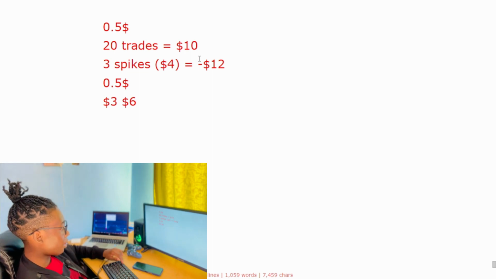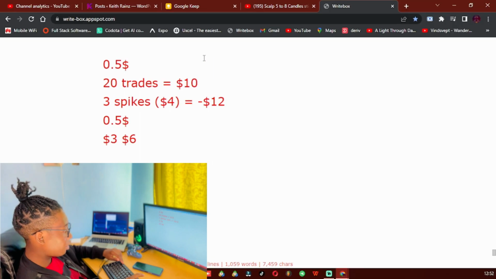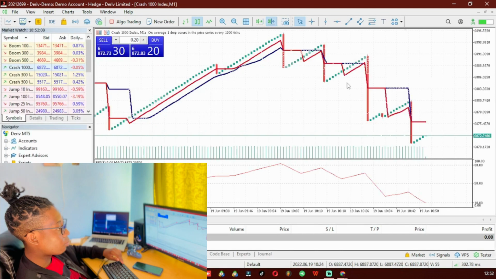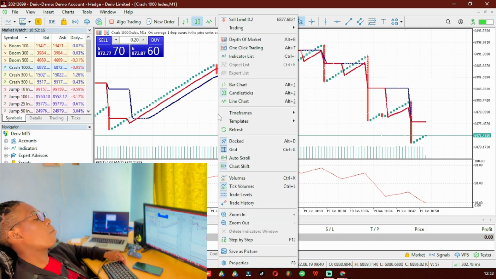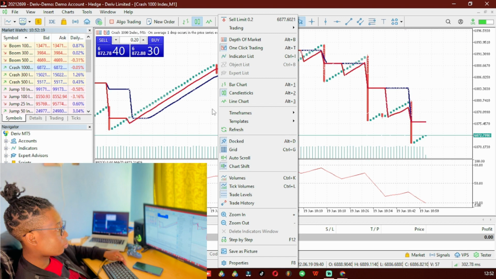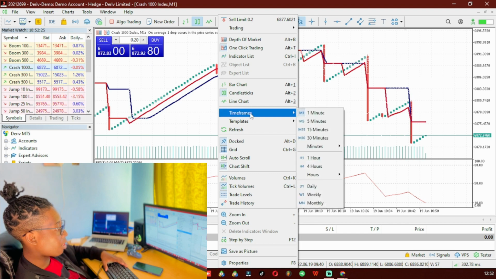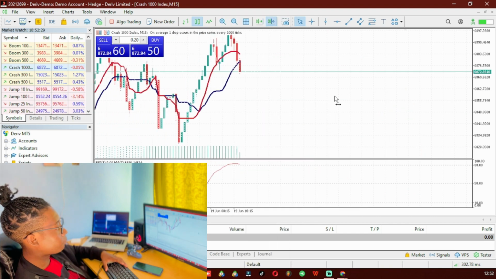So that's what happens. But otherwise, if you do not want spikes to be catching up on you, you can try to follow the relative strength index, or you can simply go on a higher time frame and make sure that before buying, price is in an uptrend. So let me go to the 15 minutes time frame.